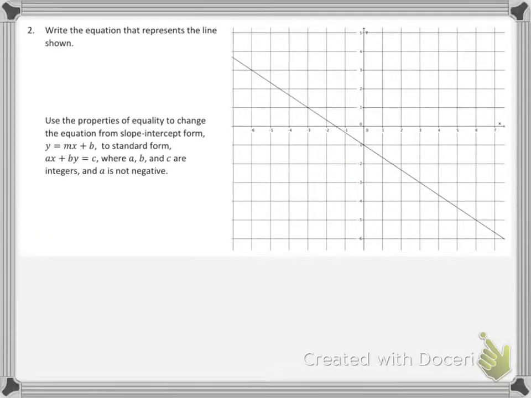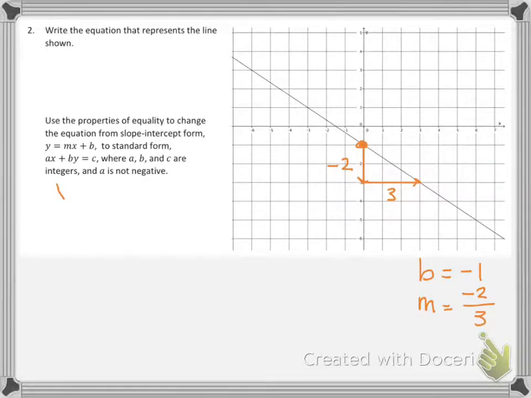Number 2. I cross at -1, so b is -1, and my slope, let's go down 2, that's a -2, and right 3, that's a +3, so my slope is the change in y, -2, over the change in x, +3.